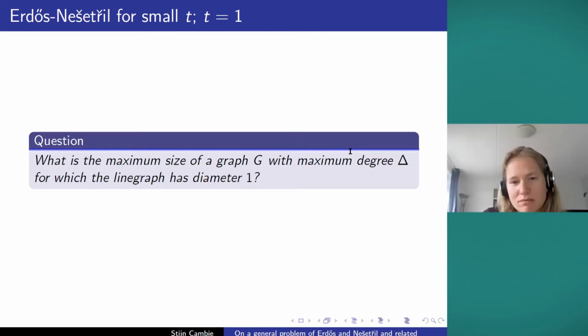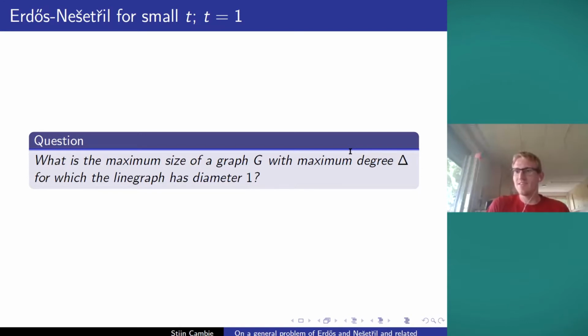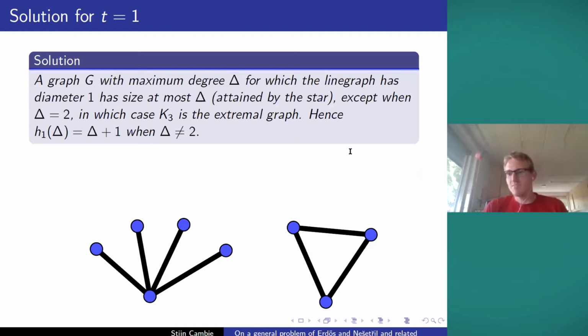So for example, the star would be a trivial family, and analogously to the Erdős-Ko-Rado theorems, we expect the trivial family to be extremal in many cases. It's actually not hard to see this is the case, with one exception, which is the triangle.